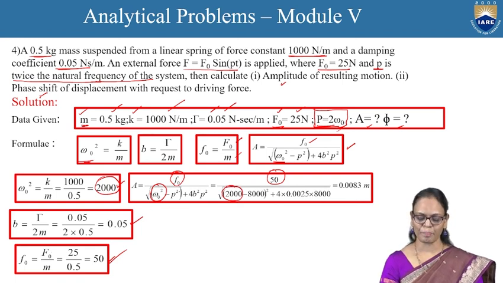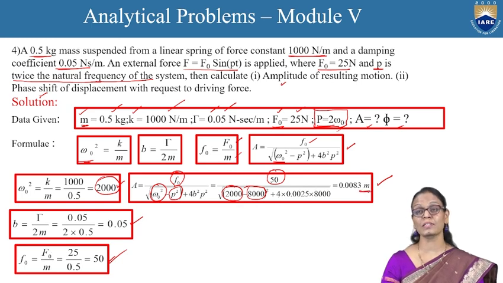And in place of P square we are going to substitute 2 omega naught whole square, so we are writing 8000, plus 4B square P square. Simplify, and you get the amplitude, which will be in meters because it is the SI system. All the given quantities are in SI, so we are going to get the answer also in SI.